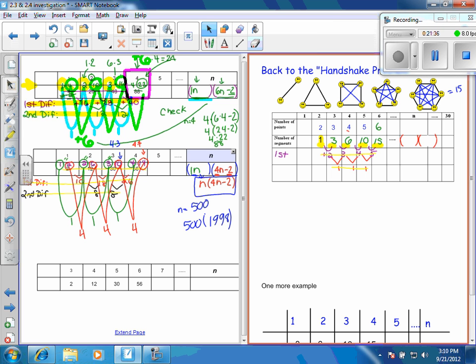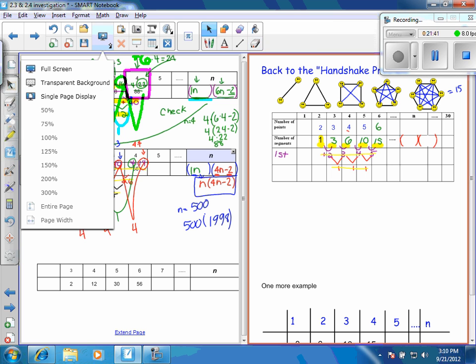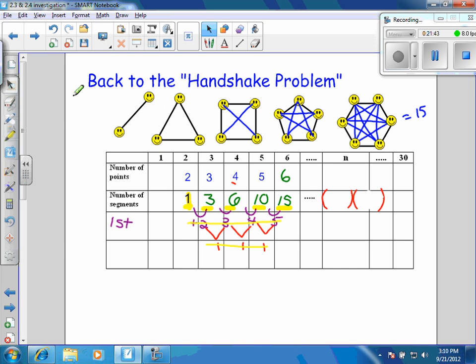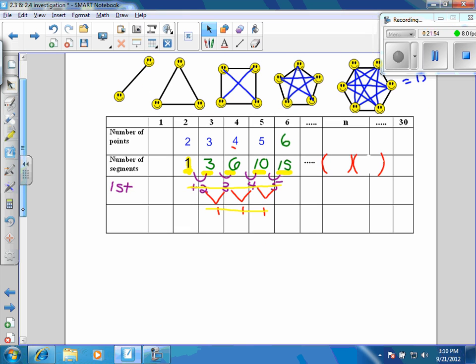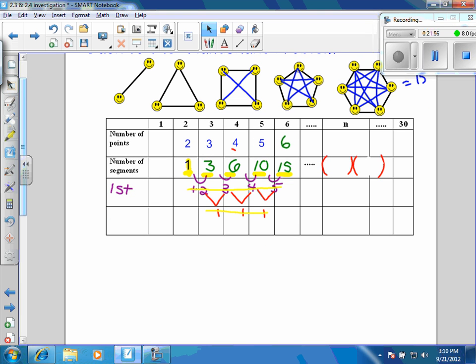Stephen, do you remember what was different about your rule compared to everything else we've done so far? Does anybody remember? Yeah, it was divided by 2. Right, so we learned that in this rule there was a divided by 2.